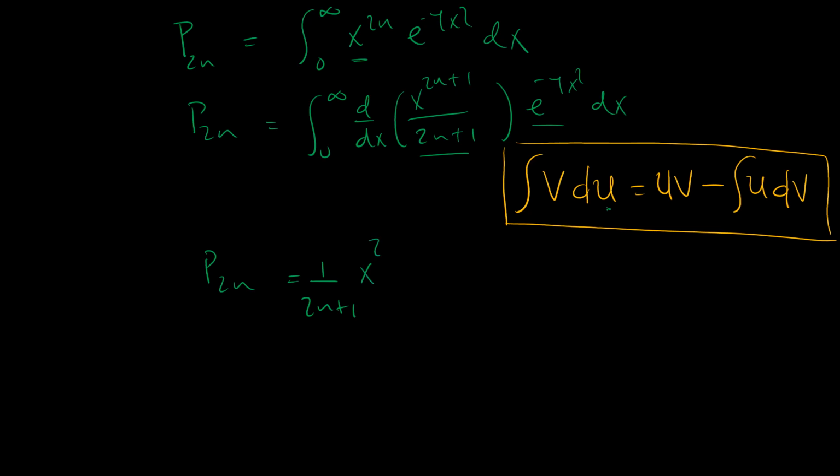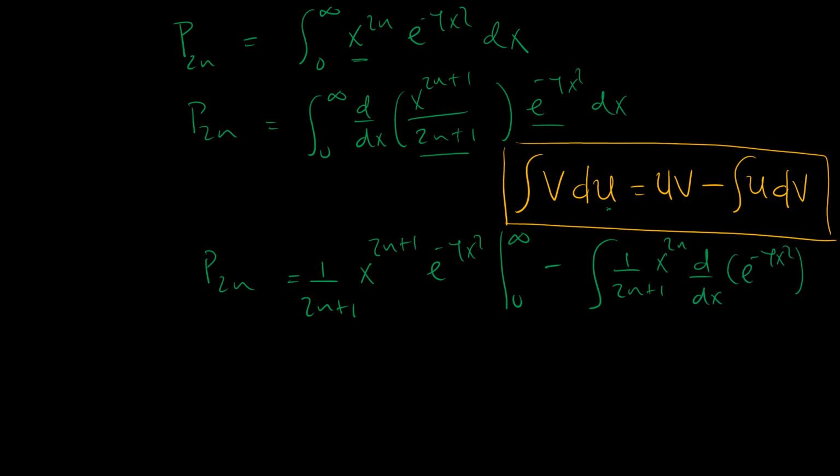So this is our u, and v is going to be that, from 0 to infinity, minus the integral of u times the derivative of e, and this is from 0 to infinity.